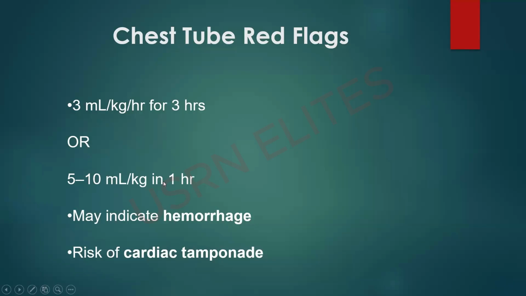Let's say you have a 20 kg child. This child goes for a procedure and has a chest tube in place. And let's say within 3 hours, the child gives you, let me say, about 80 mils.